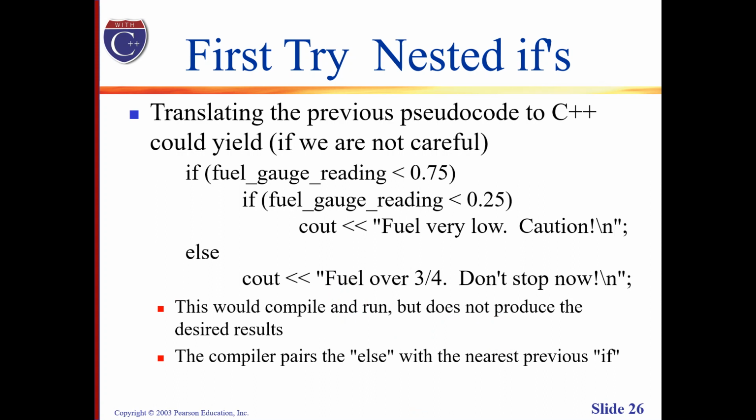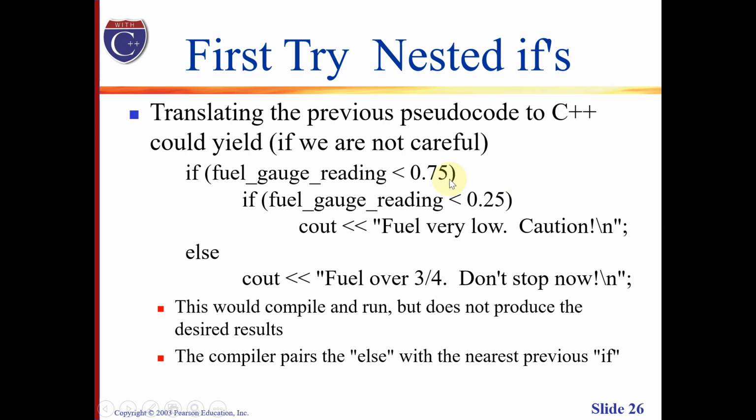It's because if we run this program, C++ pairs the else with the nearest previous if, such as this one. Which means, although our original intention is that if the fuel gauge reading is less than 0.75, then we do this statement.